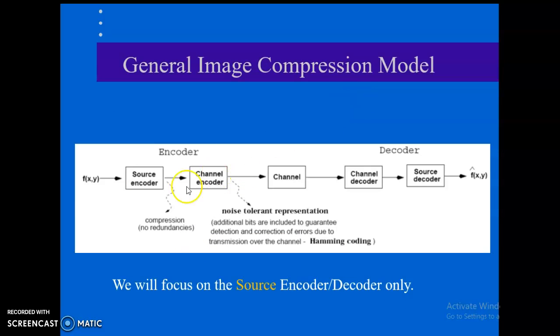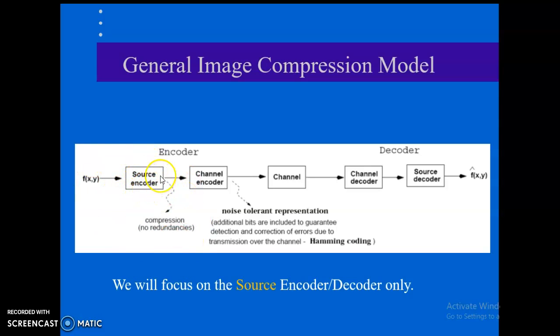Central image compression model. This part is the encoder, and this part is the decoder. The image f of x, y is given to the source encoder, whose output is compressed with no redundancies.